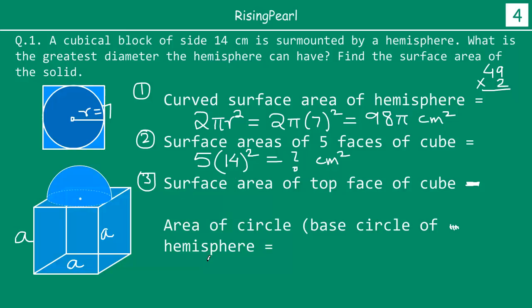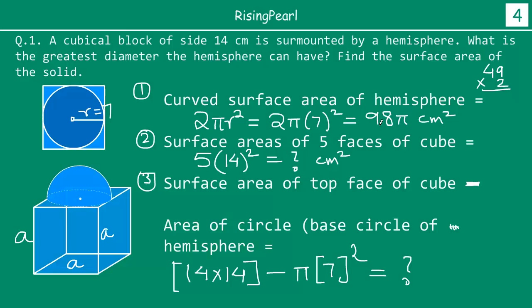So this one will be equal to 14 times 14, 14 square, that is the area of the square at the top, minus pi r square, where r is 7. So this will give us the third component.